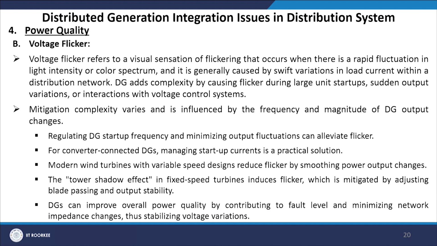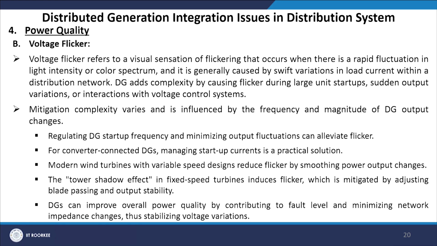Regulating DG startup frequency and minimizing output fluctuation can reduce flicker. For converter connected DGs, managing startup currents is a practical solution. Modern wind turbines with variable speed designs reduce flicker by smoothing power output changes.